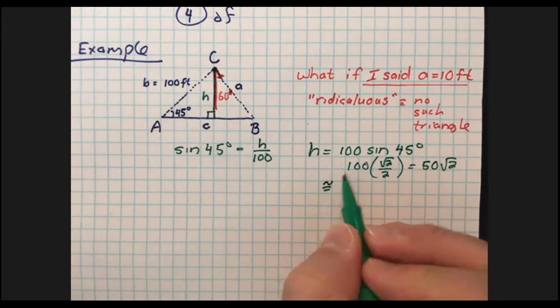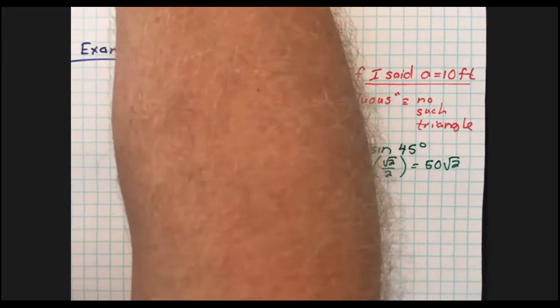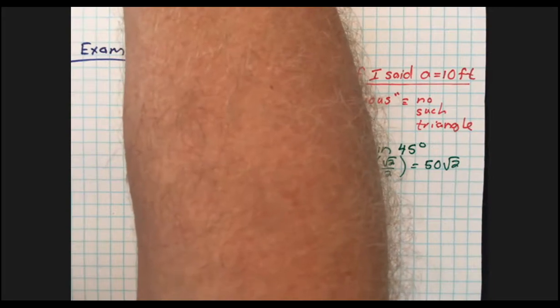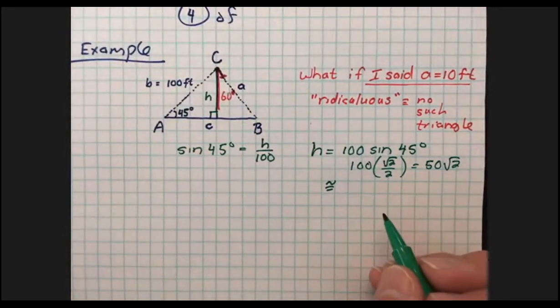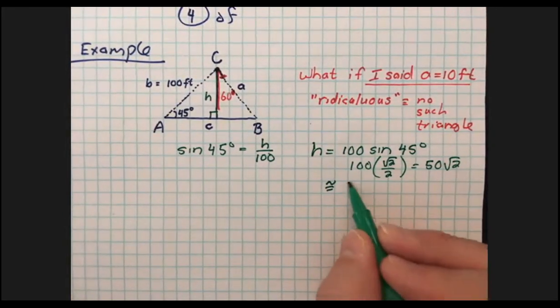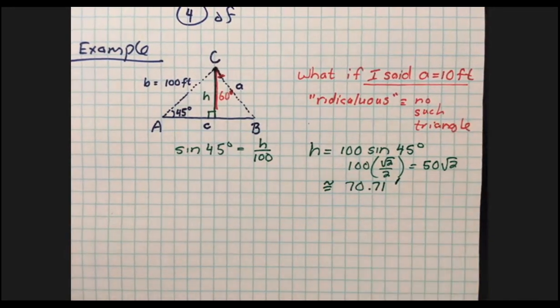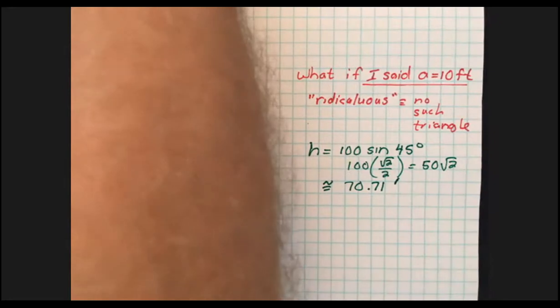And if I ask the calculator what 50 root 2 is, I'm just going to ask my own personal calculator. I'm not putting it on the screen. Calculators say 70.71 feet. Now here's how we're going to answer Trevor's question.